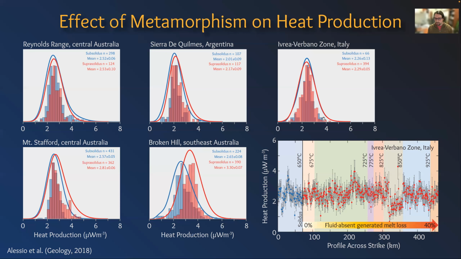If we look at the Abrea-Verbono zone specifically, like I said, it has a very similar supra and subsolidus distribution. But if you look at how this distribution varies as a function of metamorphic grade, you'll notice that the changes, even as there's considerable melt loss, are relatively small.